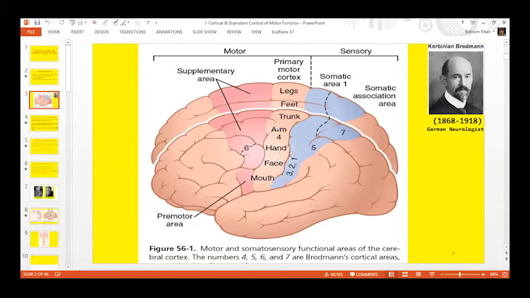Anterior to the primary motor cortex is the premotor cortex, here, area 6, and this area is responsible for control of complex patterns of movement. So discrete movement for primary motor cortex and complex movements for premotor cortex. And supplementary cortex is responsible for control of bilateral movements, especially movements involved in climbing a rope.